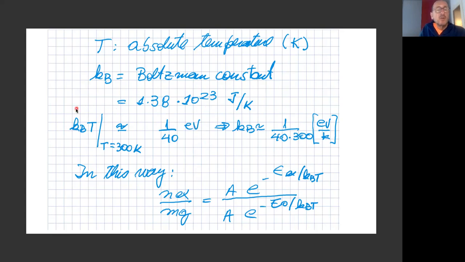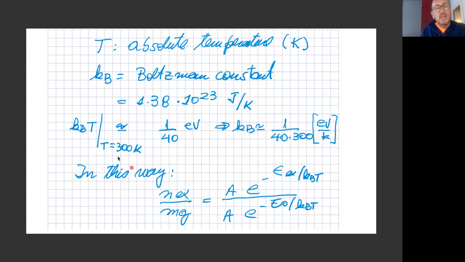And I also know that kBT at T equals 300 Kelvin, which is room temperature, a nice 20 Celsius in your room, is equal to 1/40th of an electron volt, okay? This is also a way of defining the same constant, but in terms of electron volts. It's approximate, but for everything you do in the course, this is good enough.